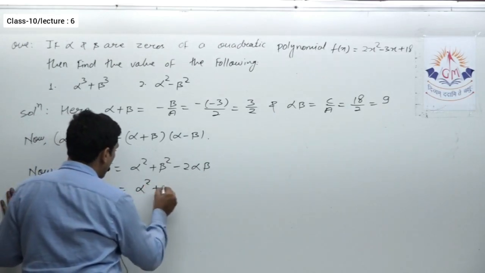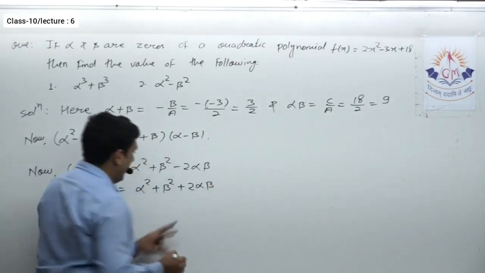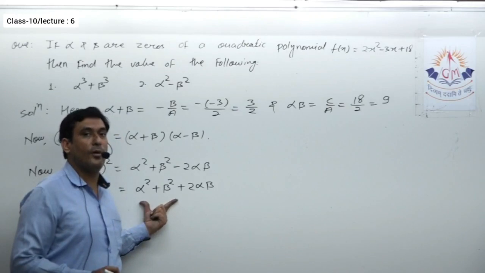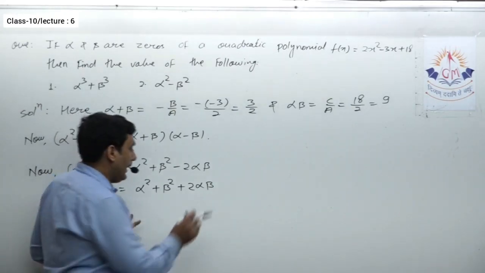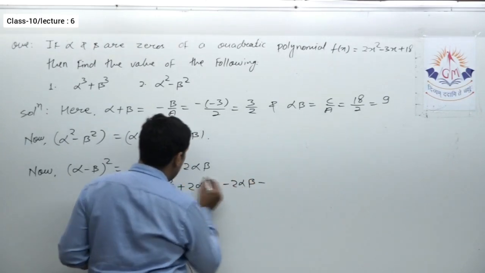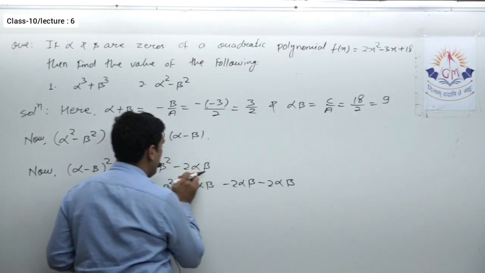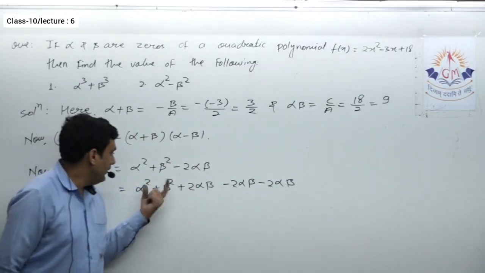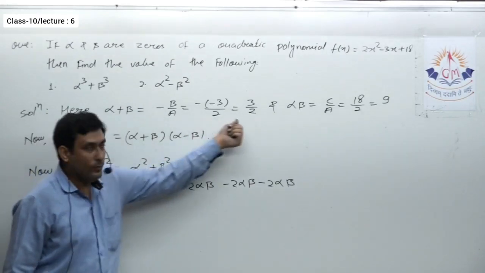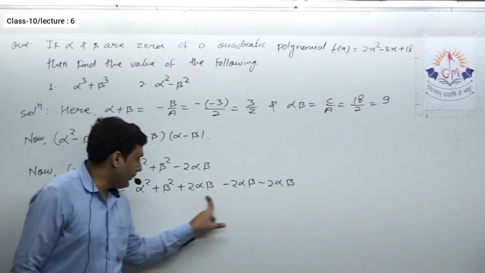Or I can do one thing: alpha square plus beta square plus 2 alpha beta. I added 2 alpha beta so that it becomes alpha plus beta whole square. As I added 2 alpha beta, I'll subtract 2 alpha beta, and then finally write this 2 alpha beta as it is. I'm explaining once again: alpha plus beta is a value we have, so I try to make alpha plus beta whole square.